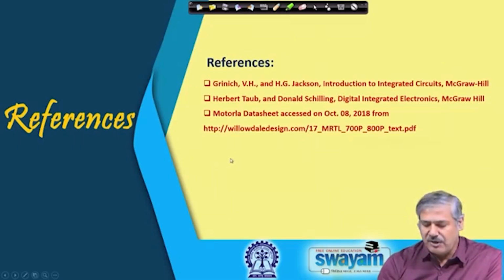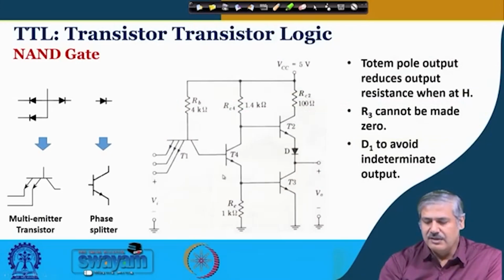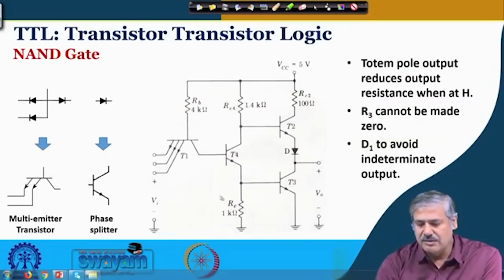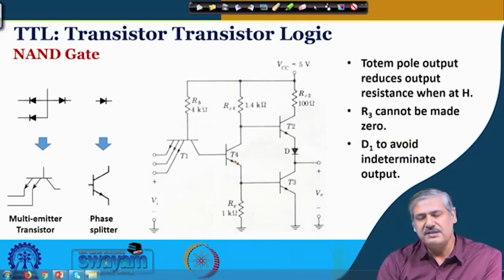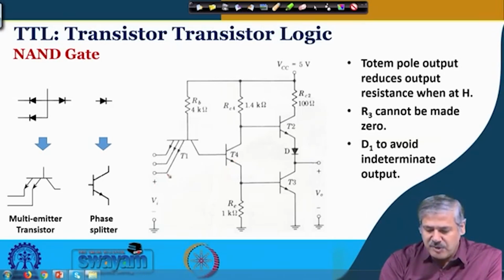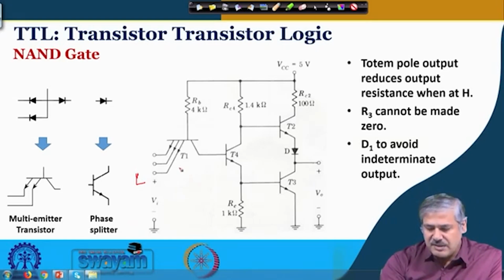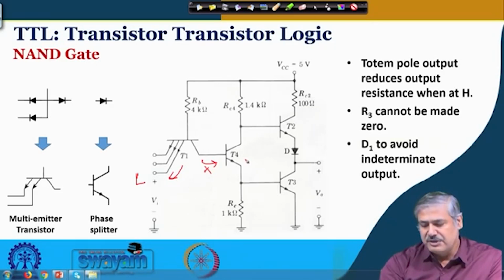So, this transistor is off. When I am talking about any of them being low, the current is going in this direction, not much, no current in the other direction. So, this is off.